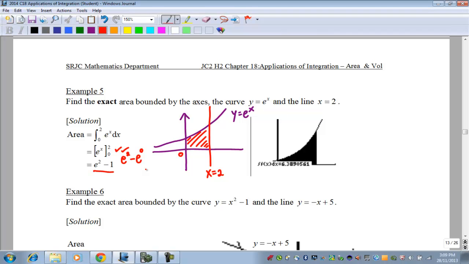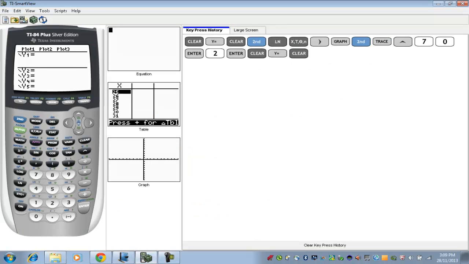Sometimes it's good to check whether our answer is correct by using a GC. All we need to do is to key in the function e to the power of x, and graph it out. The question asks us to find the area under the graph from 0 to 2.